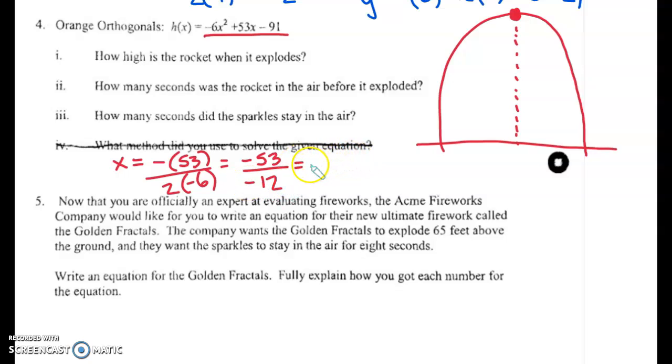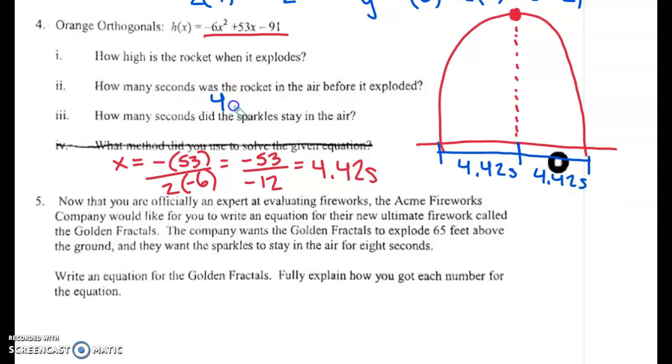Negative over negative is a positive, and 53 divided by 12 is approximately 4.4, and we're going to round this to 4.42. Remember, x is time, so this is in seconds. From time 0 to the explosion, it was 4.42 seconds, and same from the explosion to when the sparkles stop, 4.42 seconds.